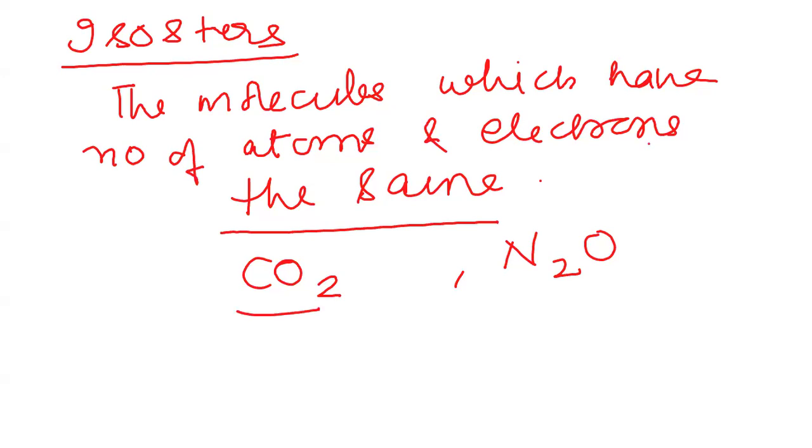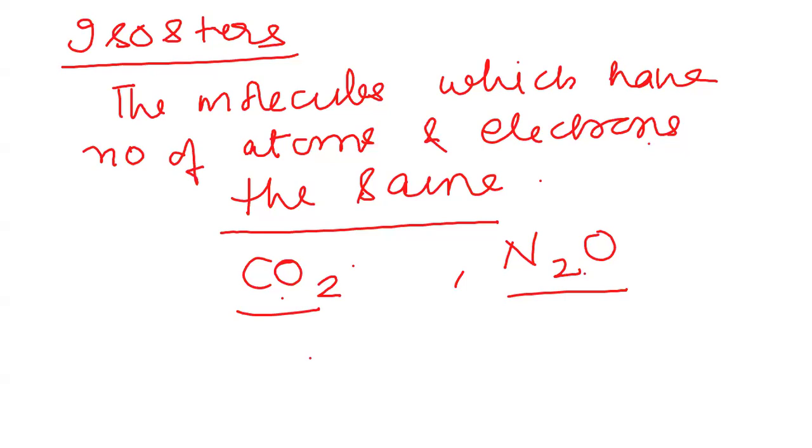So tell me the number of atoms present in carbon dioxide and the number of electrons present in carbon dioxide. What is the total number of electrons and total number of atoms in both?